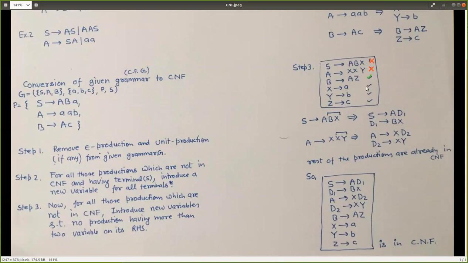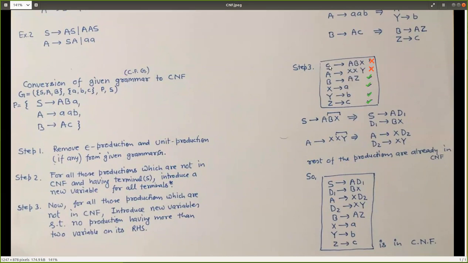X produces a terminal is already in CNF. Y produces a terminal is in CNF. Z produces C is in CNF. So these two productions are not in CNF. So we are going to treat only these two productions, while the remaining would be intact. We are not going to change these productions, and they would be part of our final answer.